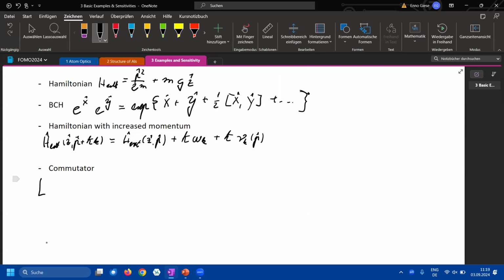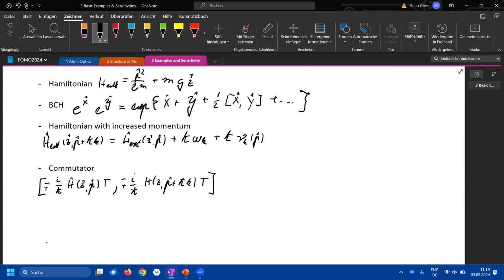The commutator of minus or plus i over h bar times H of Z and P times T, with minus or plus i over h bar, H of Z and P plus h bar k, so this increased momentum, because that stuff also arises, times T. Delta T is equal to 0, so we don't have to worry about that.